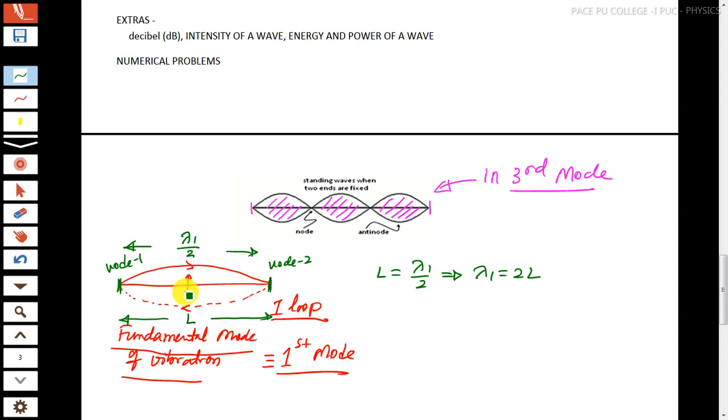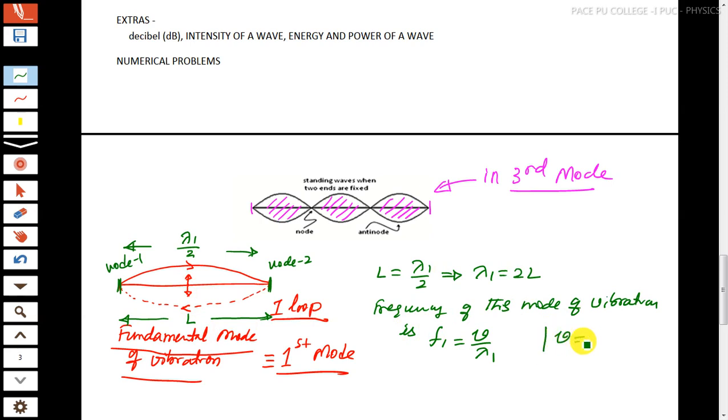If you want the frequency of vibration corresponding to the first mode, I call it f1. This is equal to v divided by lambda 1. Why are we writing this? The speed of the transverse wave on a string is given by the formula v equal to f lambda.